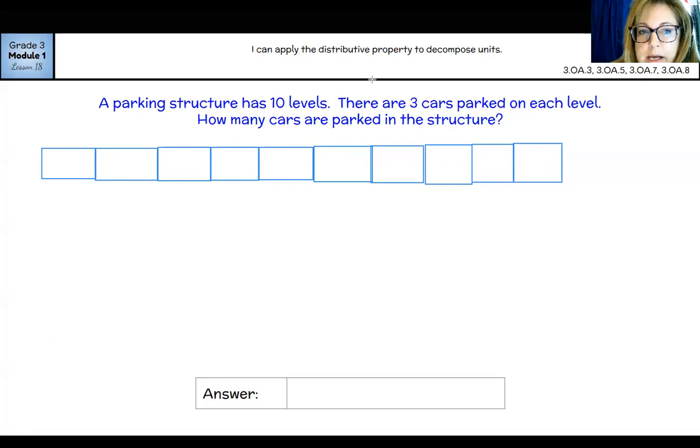So I'm going to use a stamper and make each star be a car. So there's 3 on this level, 3 here, 3 here, 3 on this level, 3 on this level, 3 here. Whoops, that one got on the wrong level there. 3 on each level.